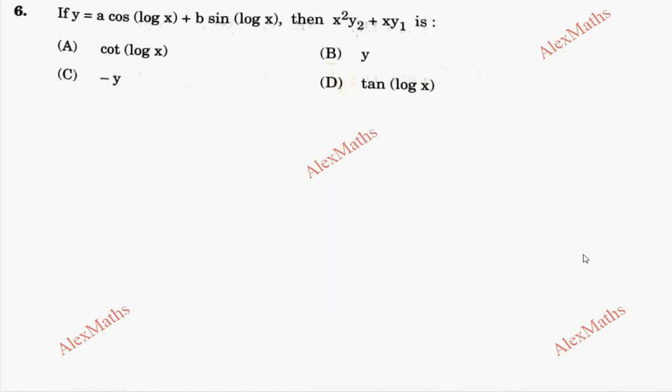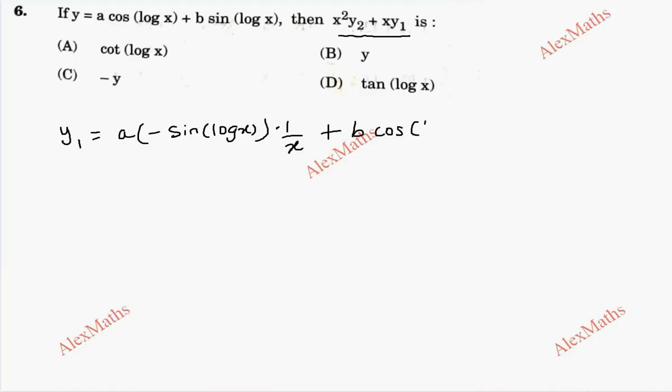Question number 6, they have given y equal to a cos of log x plus b sin of log x, and they want the value of this. Let's find its derivative y1, which is a into minus sin of log x into 1 by x plus b into cos of log x into 1 by x.